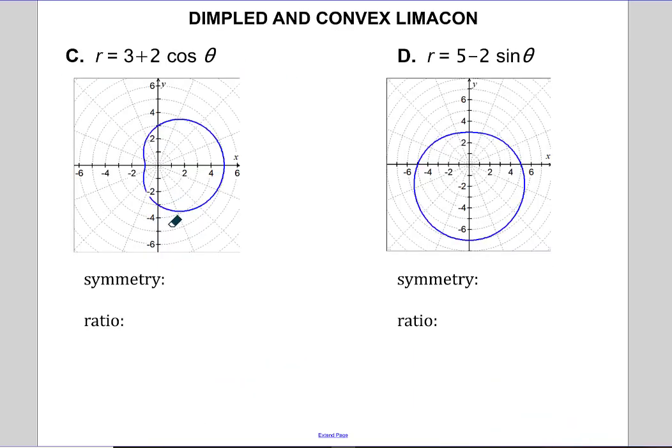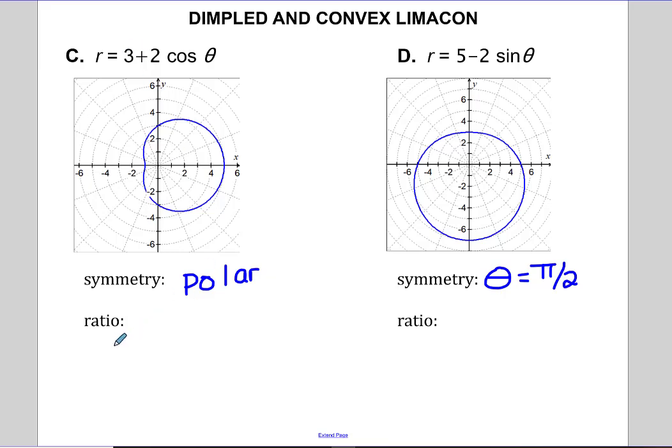Let's do 2 more. So this one is kind of caved in a little bit, but that's because our ratio is getting larger. So the symmetry, again, is on the polar axis. It's symmetric along the x-axis or the polar axis. This one, the symmetry is on the y-axis or pi over 2.